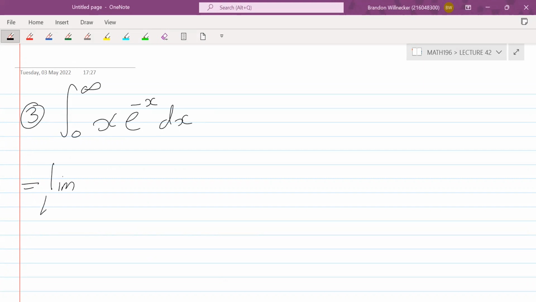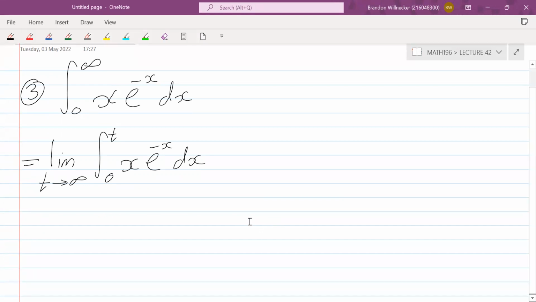So we have the limit as t goes to infinity, the integral from 0 to t of x e to the minus x dx. Now notice when we're doing this integral, we have a product of functions. So we're going to have to use integration by parts.